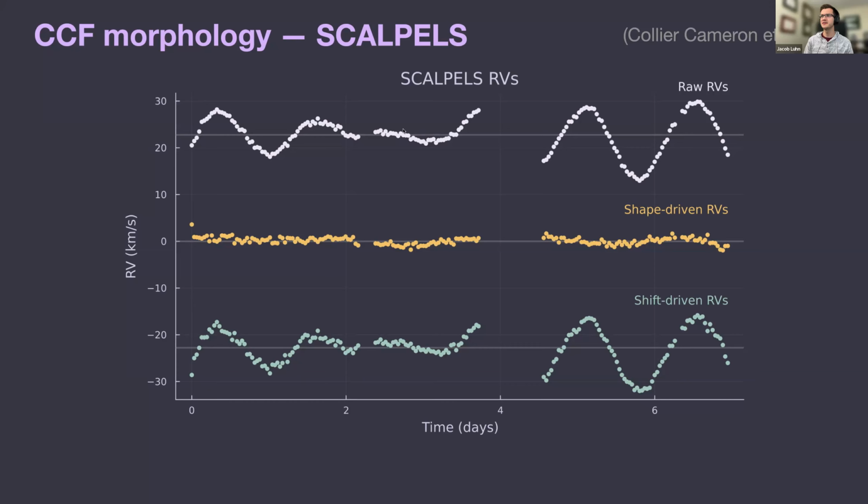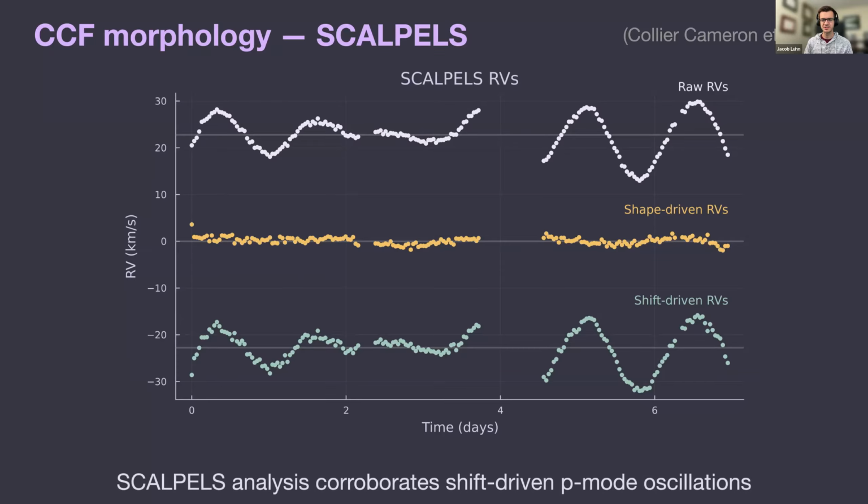And so what I'm showing here is the results of a SCALPELS run on this data set, where the raw RVs are on the top, the shape-driven RVs are in the middle, and then if we subtract these shape-driven RVs from the raw RVs, we get the leftover, which is everything that's attributed to pure Doppler shifts or shift-driven RVs. And I include this just to emphasize that the SCALPELS analysis really corroborates the story that what we're seeing here are shift-driven p-mode oscillations.